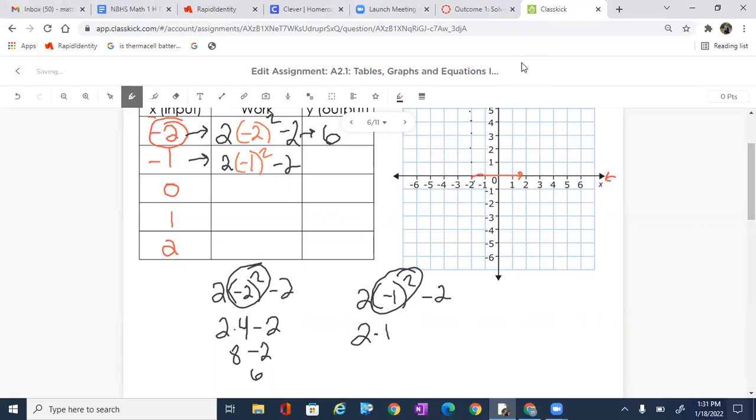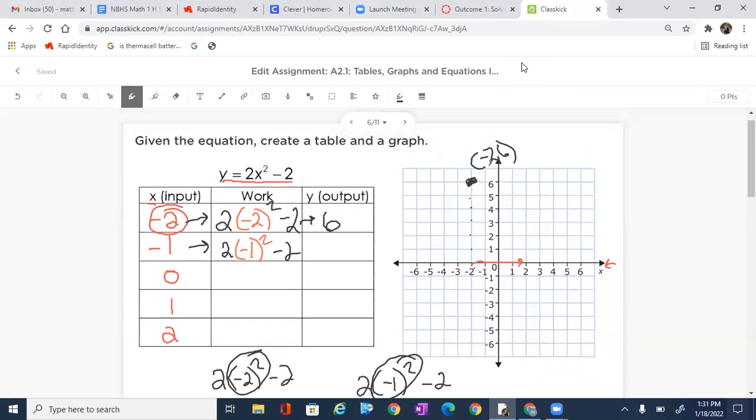So 2 times 1 minus 2. 2 times 1 is 2, minus 2 is 0. So our output is 0, meaning we put -1 into the equation and we got out 0. So at -1, I'm going to put a data point here at 0. Okay, and then we're going to continue to do the exact same thing.